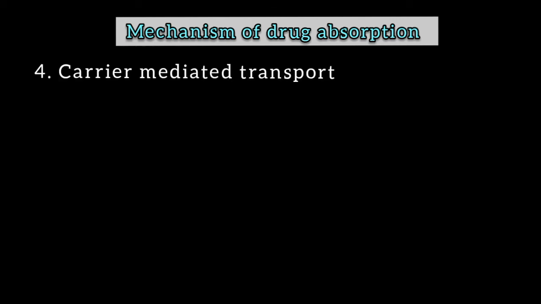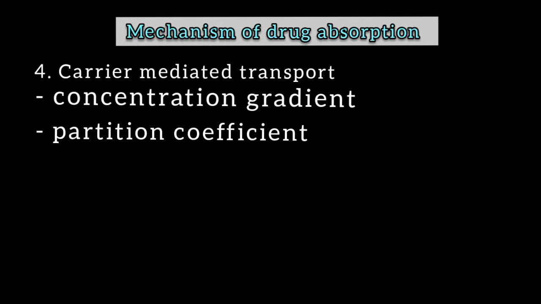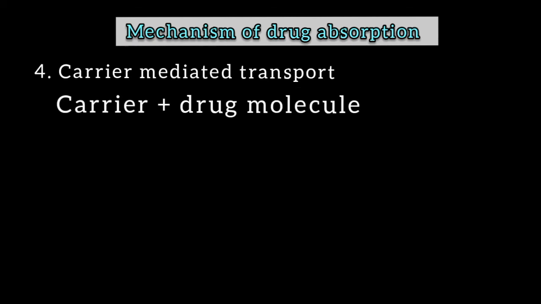Next, we're going to be talking about carrier-mediated transport, and this transport is for polar drugs. The drug moves depending on the concentration gradient, the electrochemical concentration gradient, and also the partition coefficient. The carrier-mediated transport involves a carrier, and the carrier forms a complex again with the drug molecule, and it crosses the membrane.